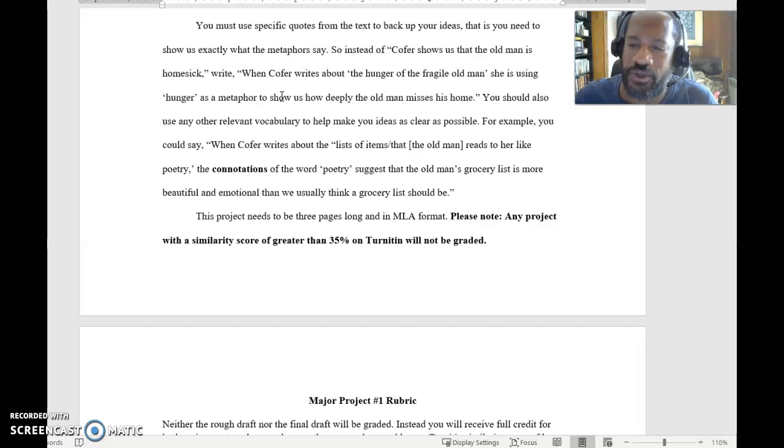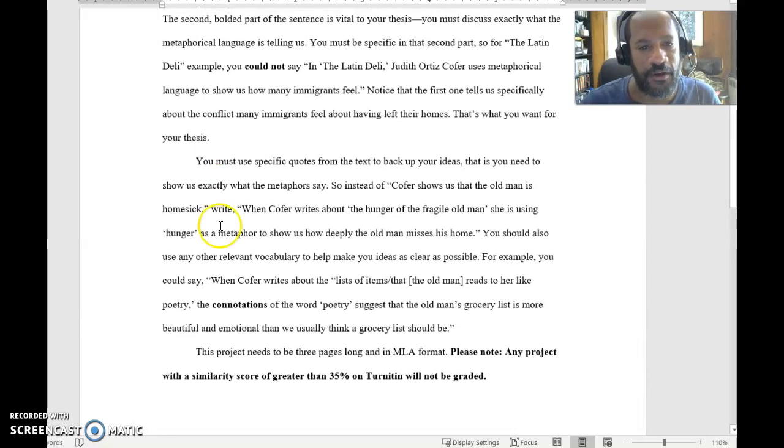He needs to go to the Latin deli where he can experience something familiar to him, something related to his home, and then that hunger is going to be satisfied. So I'm explaining here specifically how the hunger is a metaphor to help us understand how the old man feels.